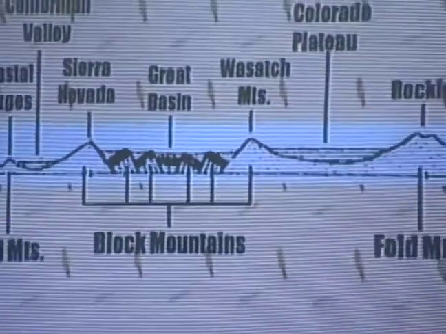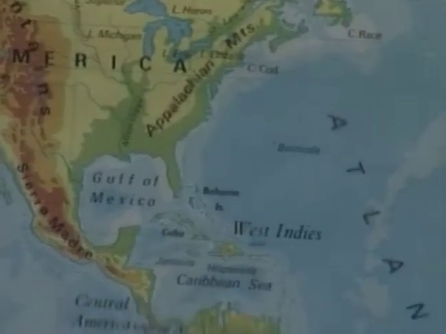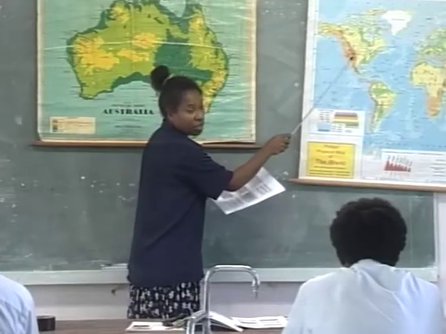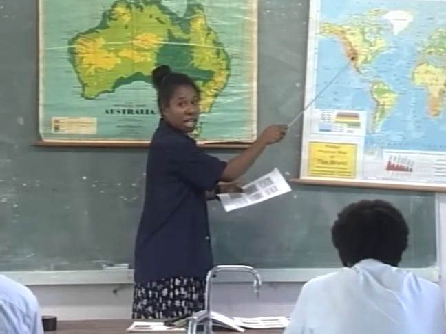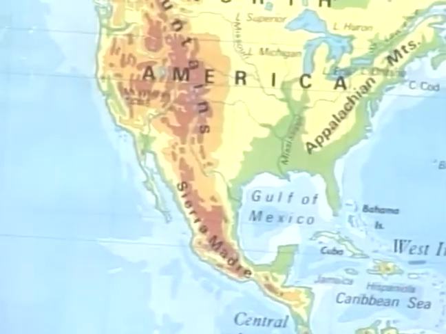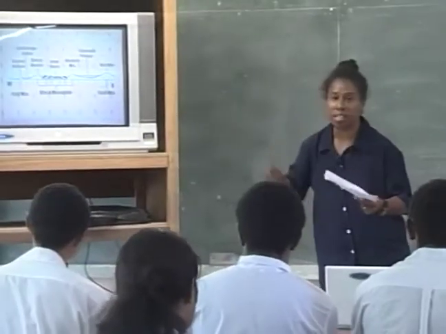If you continue on, you would come to the eastern side of America, and that's where the Atlantic Ocean is. But we are looking at only about 1,600 to 1,800 kilometers for that particular cross-section. Okay, we pay attention to the example of block faulting here where the Great Basin is.